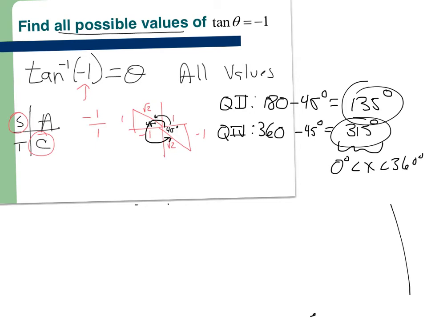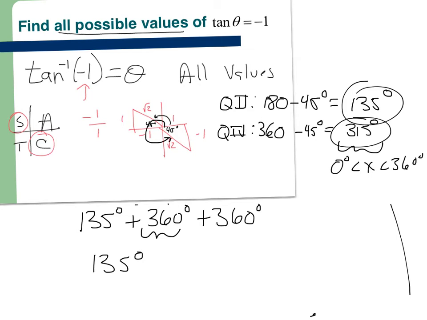So that means every instance of 135 degrees is going to equal -1. So that means if I add 360, it's also going to equal -1. So if I add another 360, it's going to equal another -1. So how do I express this for all? Well, 360 represents one rotation, right?